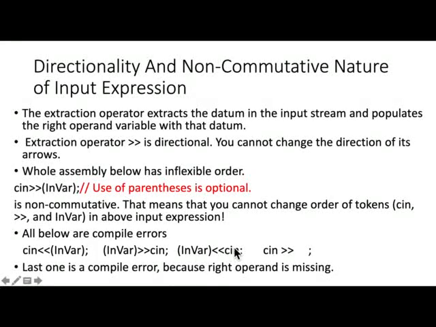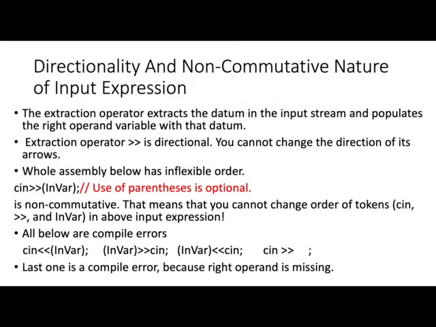This is wrong because first the order is not right, and then you're no longer using the extraction operator, you're using the insertion operator. And this is wrong because one of the operands is missing. The rule in C++ is for a binary operator to function, both operands must be there. There are a lot of rules I'm saying here which you can write down if you like.